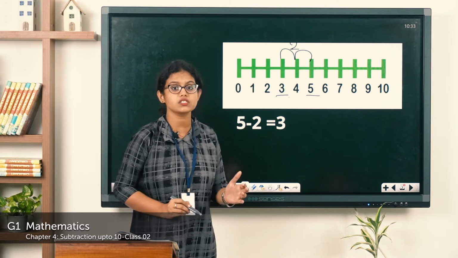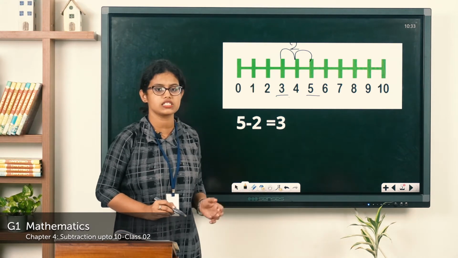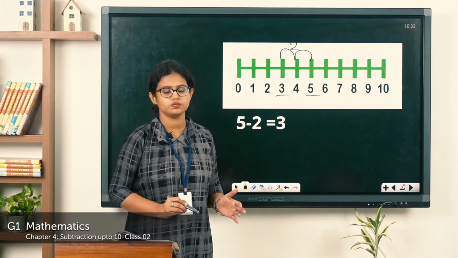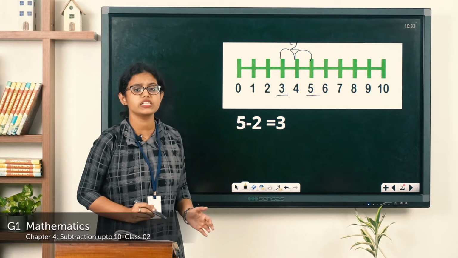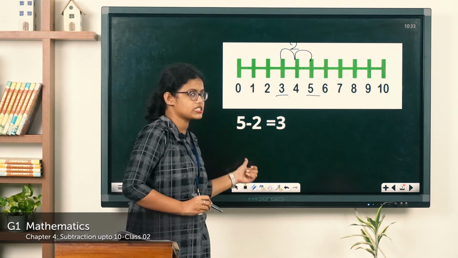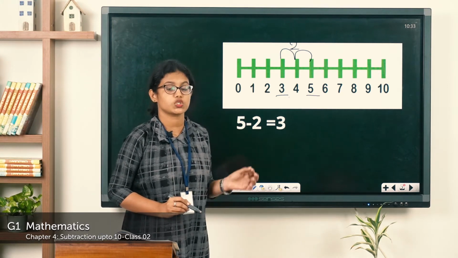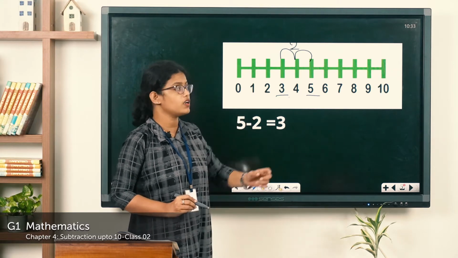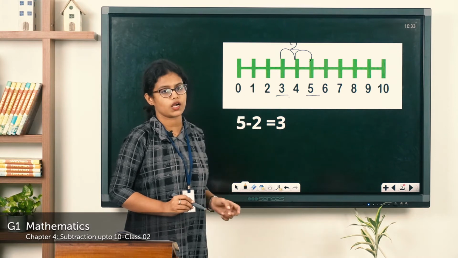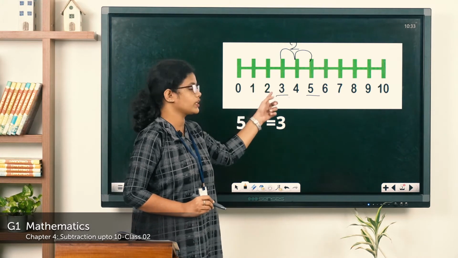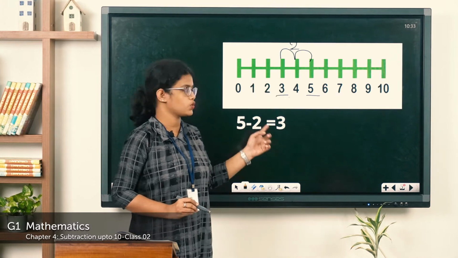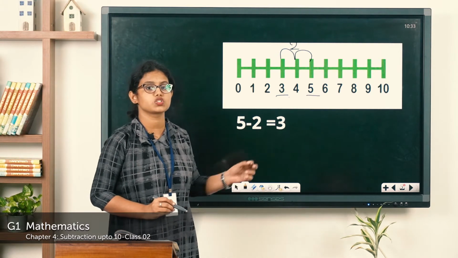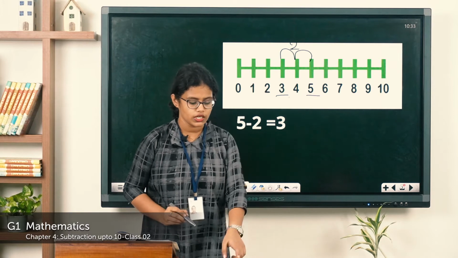To get a lesser number you need to move backward. So we reached at number 3. So what is 5 minus 2? 5 minus 2 gives you a total of 3.